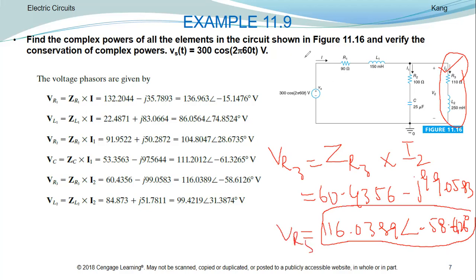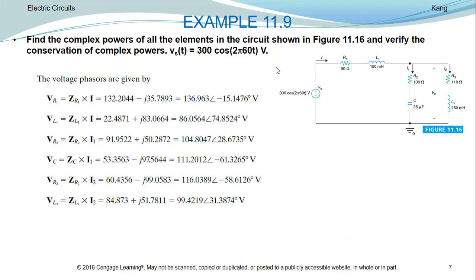So now I will write all the values. My VR1 value will be equal to 136.963 with the angle minus 15.14 degrees.